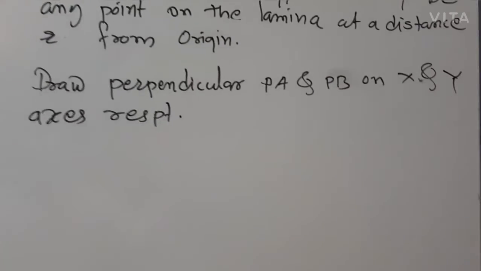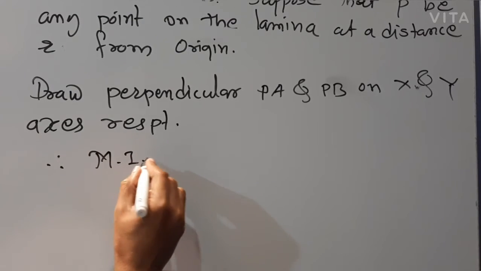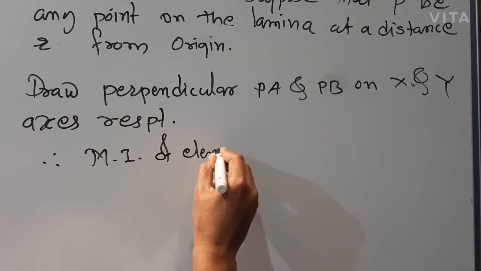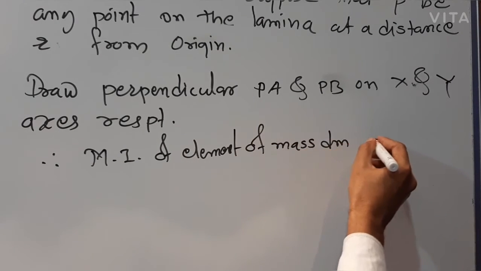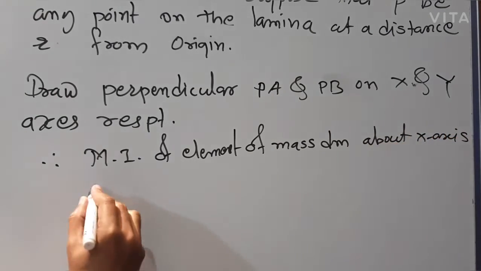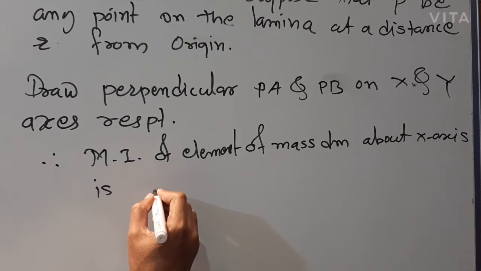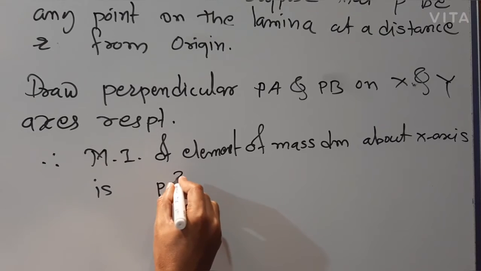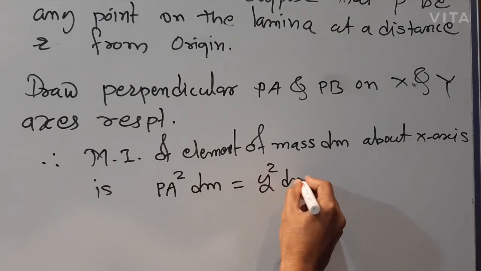Now therefore the MI of an element of mass dm about the x-axis, where the distance of point P from the x-axis is PA, is PA square dm, which is equal to y square dm.